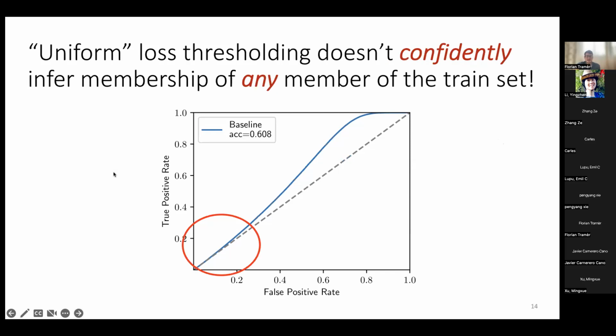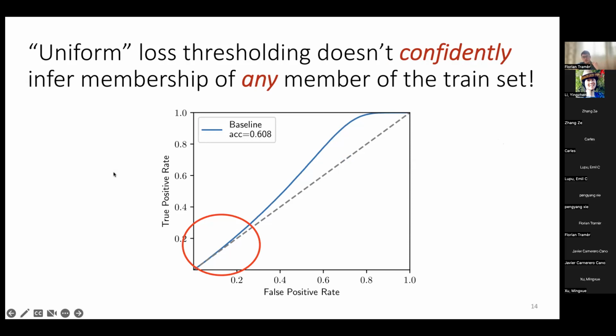So instead, what we suggest is that we should be evaluating how well these attacks work at low false positive rates, which essentially means in a regime where the attack makes very few mistakes.